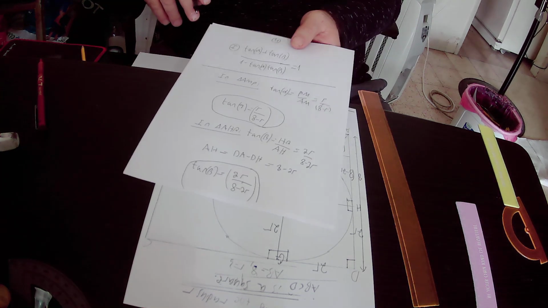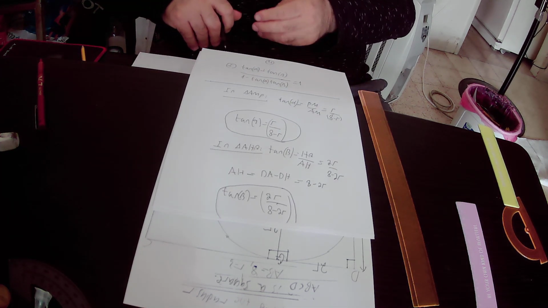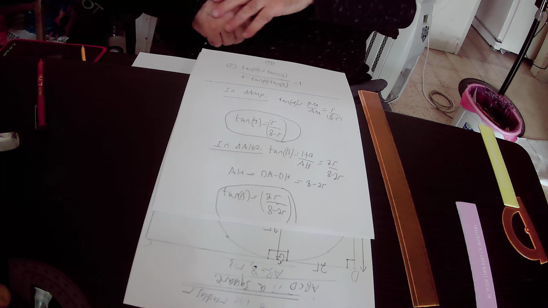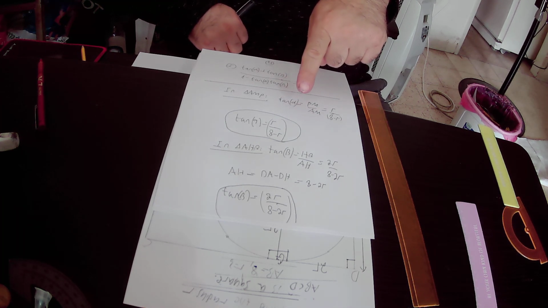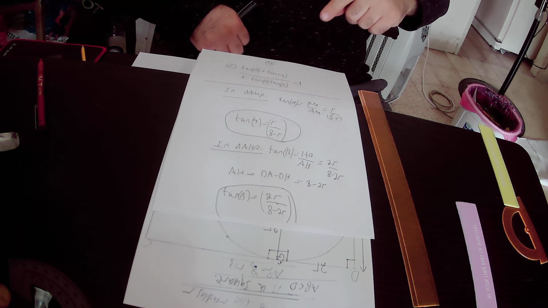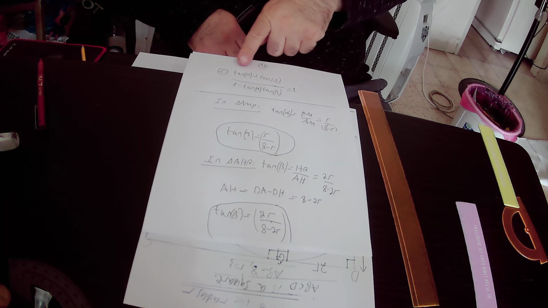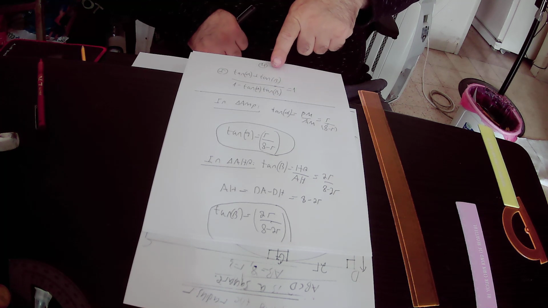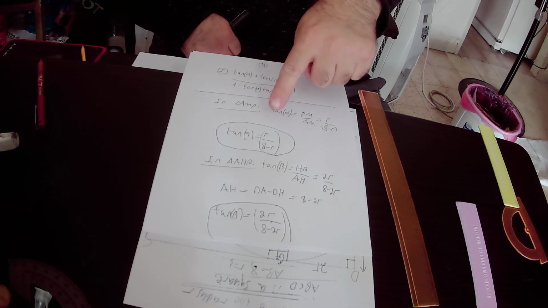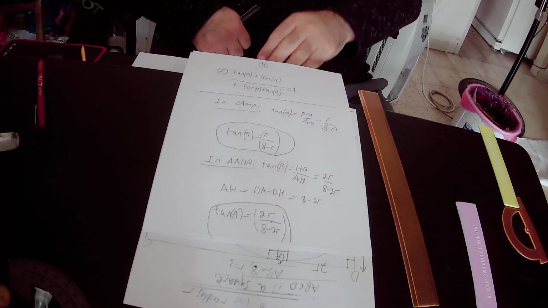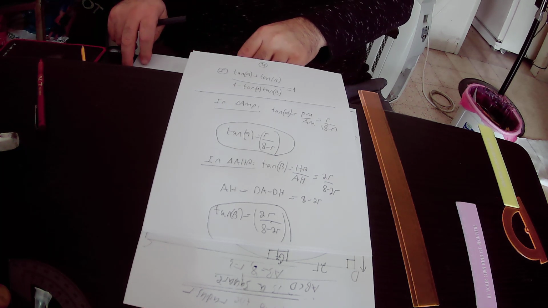Again, we found that tangent beta equals 2R over 8 minus 2R, and tangent alpha equals R over 8 minus R. So we will substitute tangent alpha and tangent beta in equation number 1 by the values that we found. Okay, so we'll do it now.